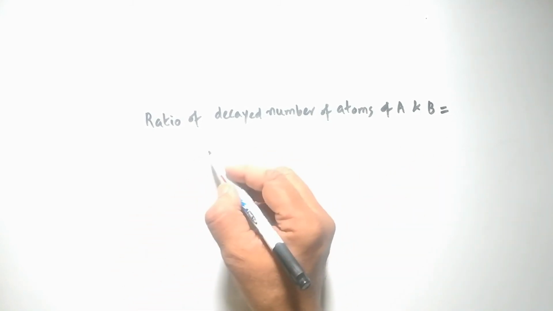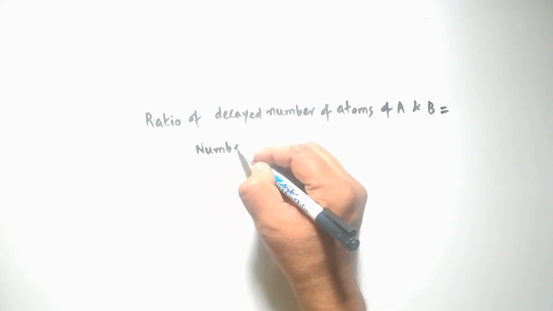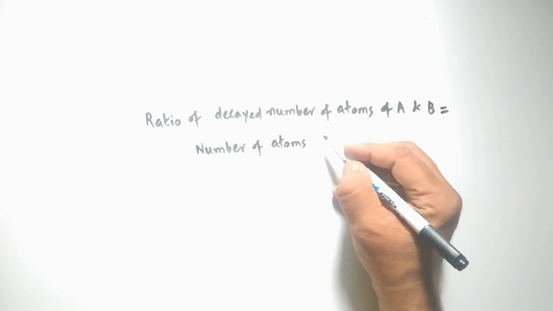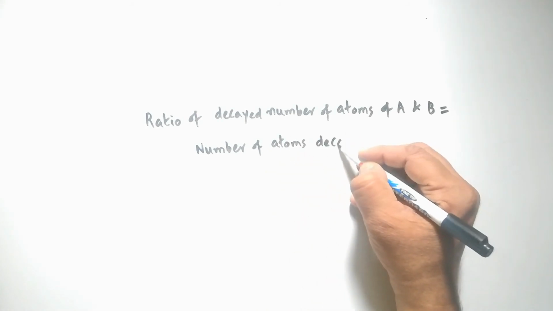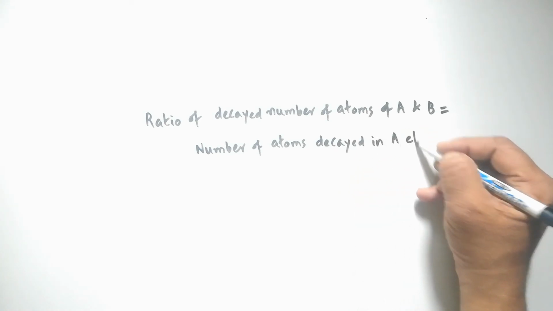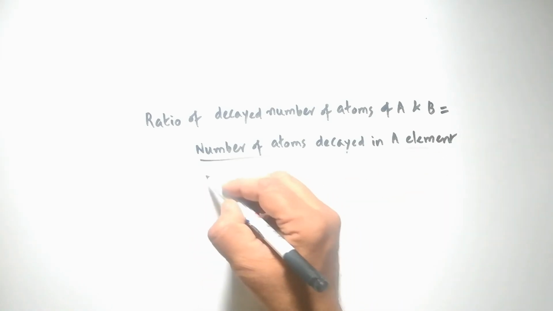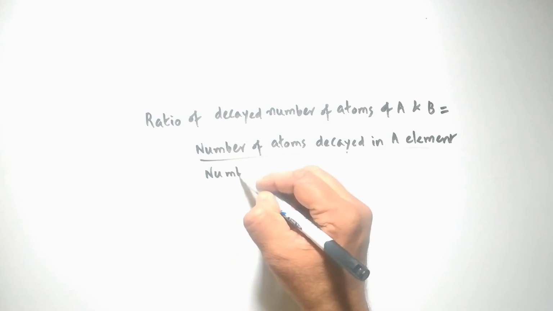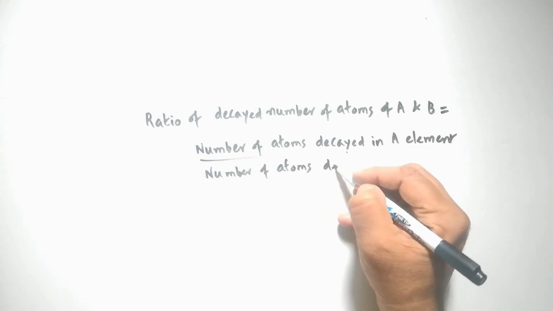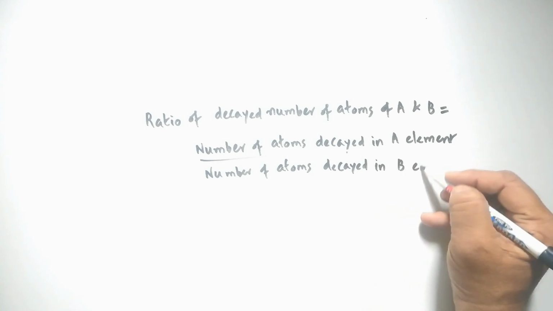So already we have calculated. First we have to write the formula. Number of atoms decayed in A element divided by number of atoms decayed in B element.